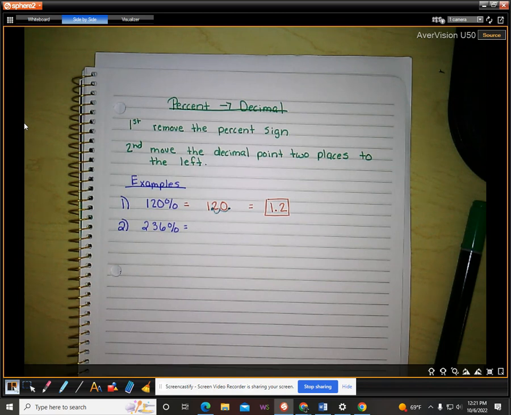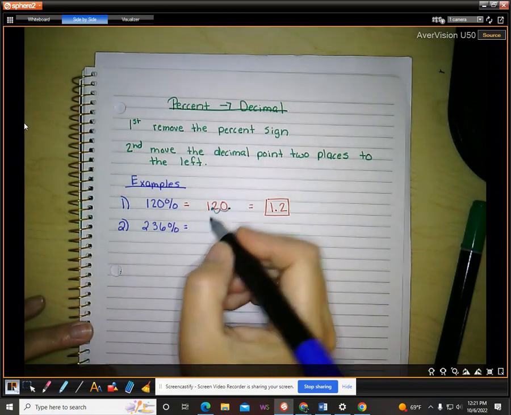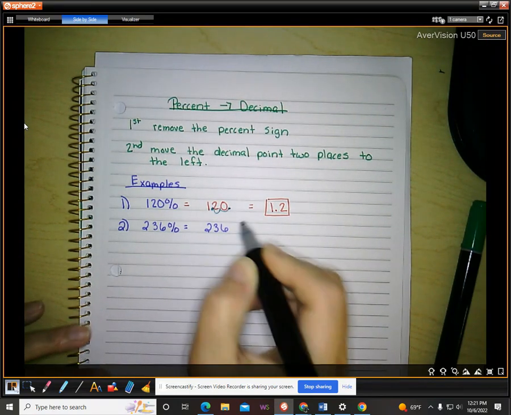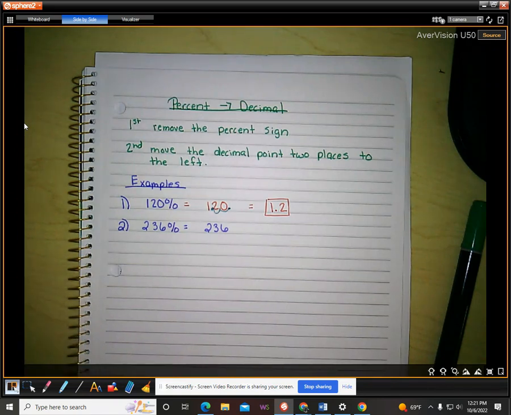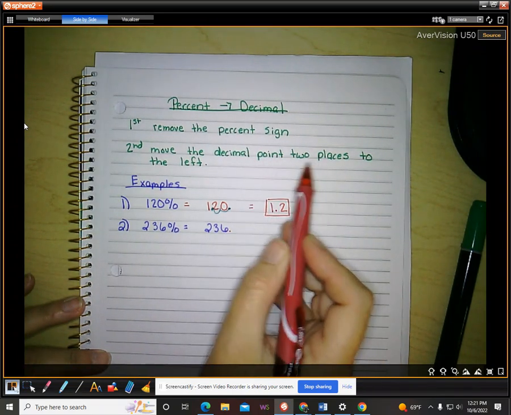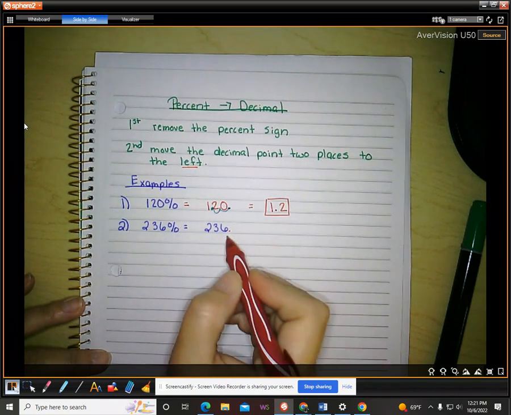That's the goal. But we're going to go through the steps just in case. So we're going to remove the percent sign. So now I have 236. Where's the decimal point in the number 236? Mateo? It is at the end. So I just have to move it to the left 2 places.